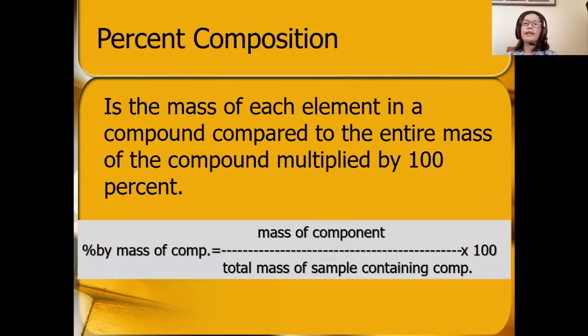So after getting the molar mass, we can get the percent composition of the elements in the compound by applying the formula: mass of the component over the total mass of the compound, multiplied by 100.